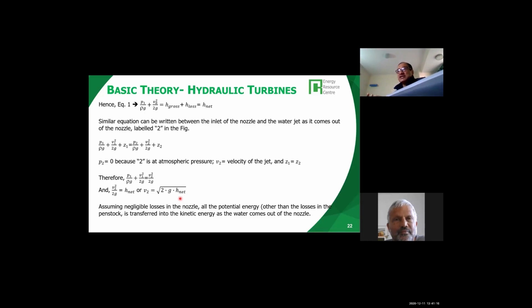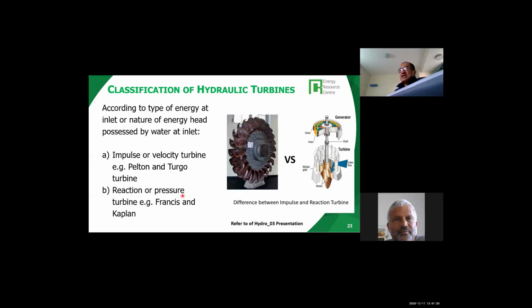And this energy, V2 squared over 2g, is the H net. So this is basically potential energy converted into kinetic energy. And that kinetic energy is then converted to mechanical energy and electrical energy using the turbines.